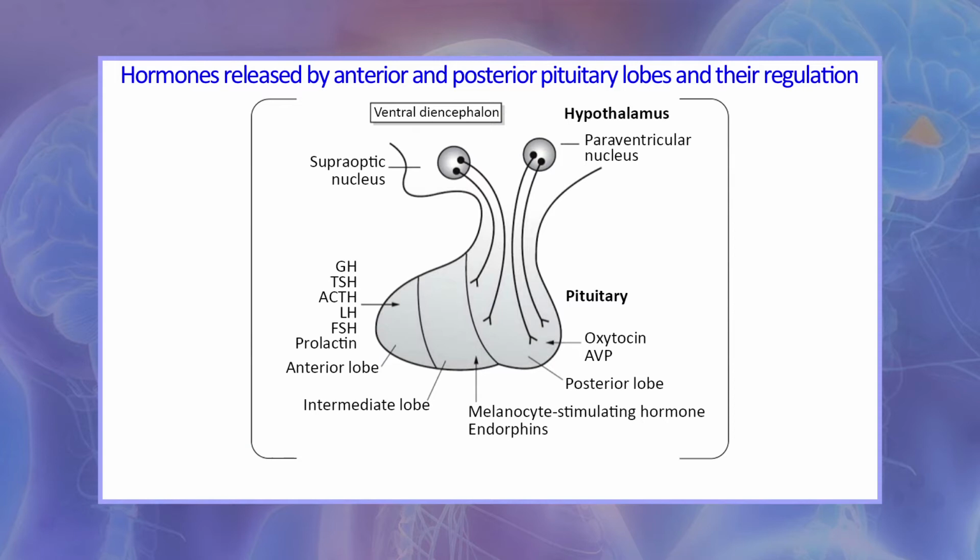In some vertebrate species, for example fish, reptiles and amphibians, a distinct intermediate lobe, also called pars intermedia, is present as a part of the adenohypophysis, where they secrete melanocyte stimulating hormone that plays an important role in controlling the skin pigmentation.